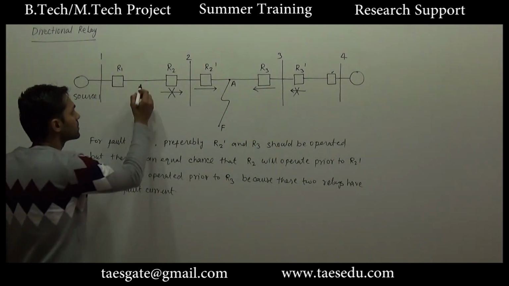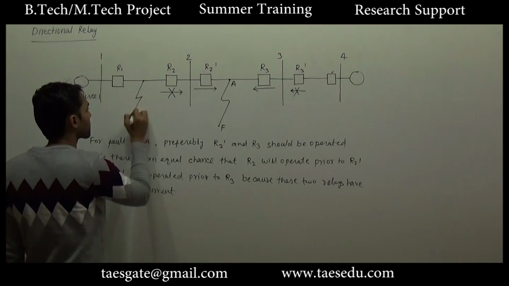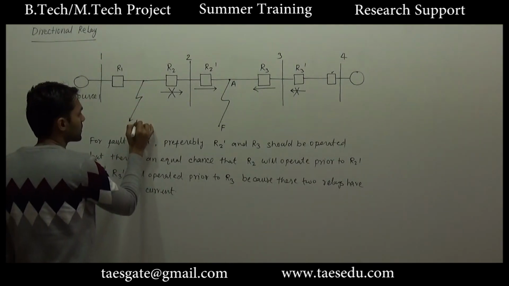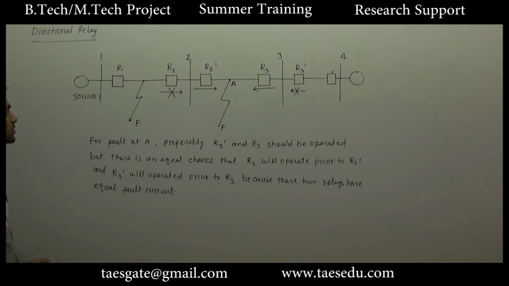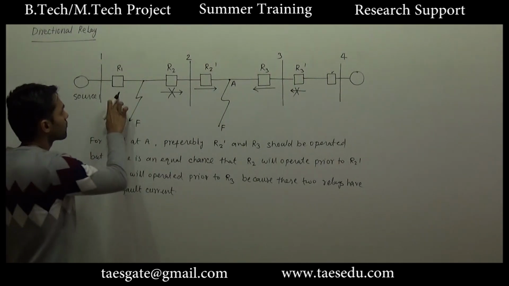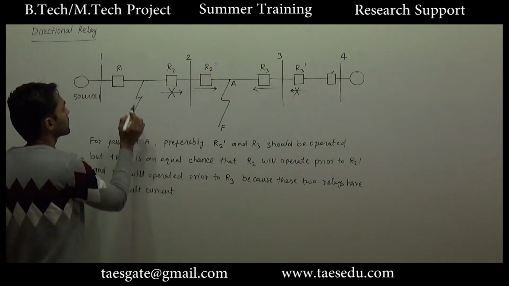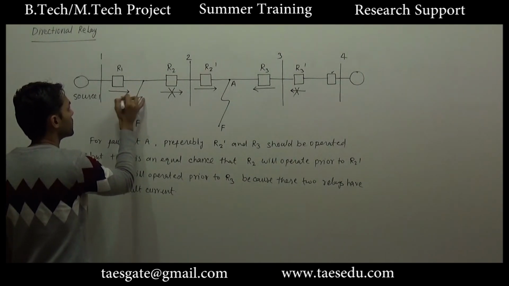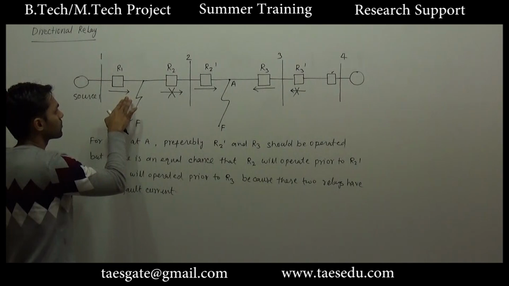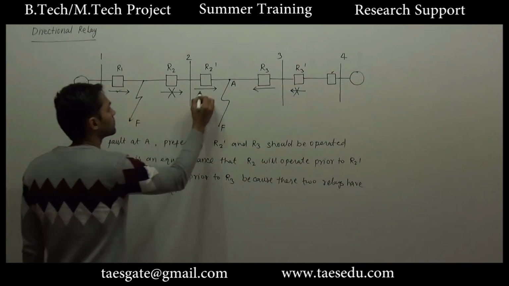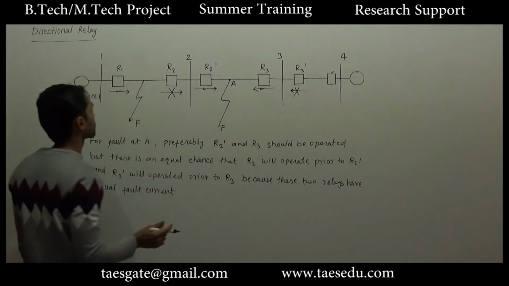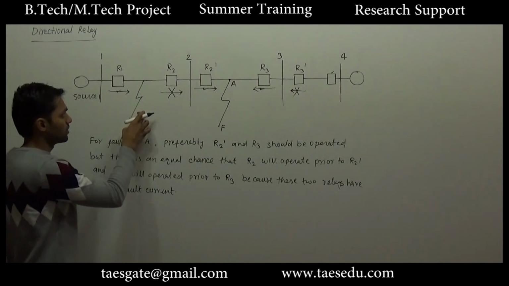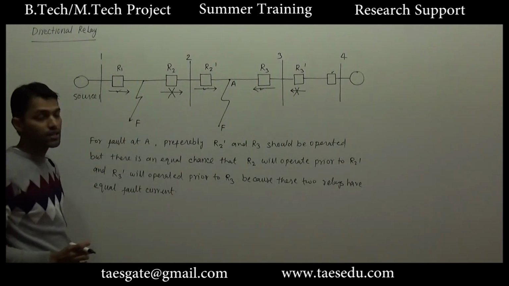Okay. Now consider the fault at this point. For a fault at this point, preferably R1 and R2 should operate. And what will be the direction of current in R1? The direction of current will be left to right. So let's say for left to right, this relay will operate. And for this fault, what will be the direction of current in R2?